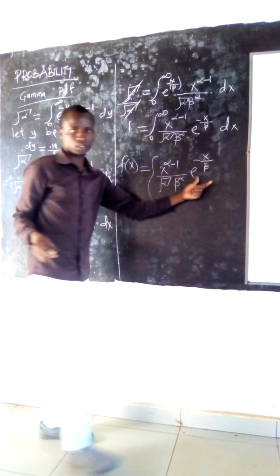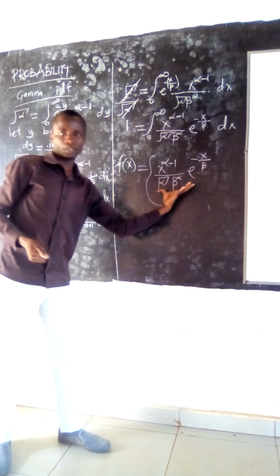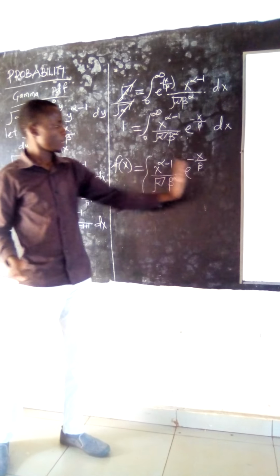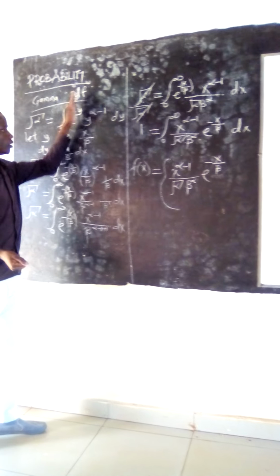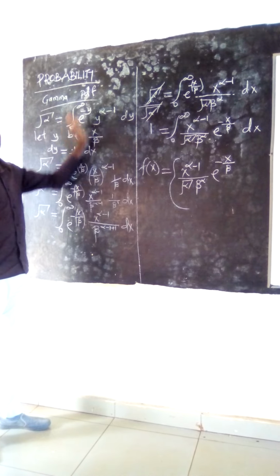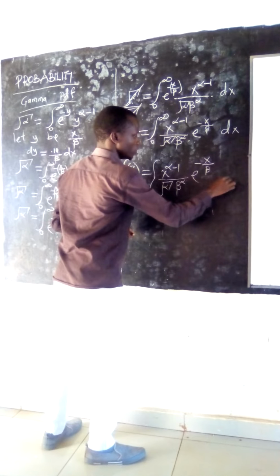Then after writing this, remember that is the PDF. After writing the probability, you now need to write the limits. Remember here we say that the limits are from 0 to infinity. Meaning I'll come up here and say it is starting from 0.